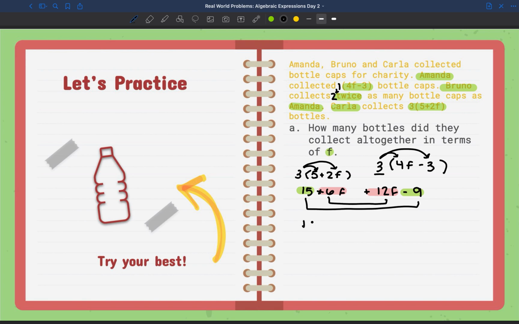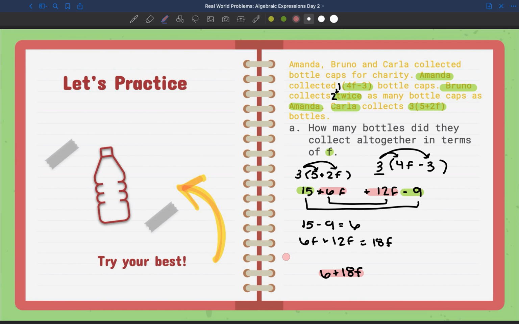So we're going to start with 15 and negative 9, which 15 minus 9 gives us 6. And then we have 6F plus 12F, which when we add those together, we get 18F. And since they were both positive, our final answer would be 6 plus 18F. And that's our final answer for part A.